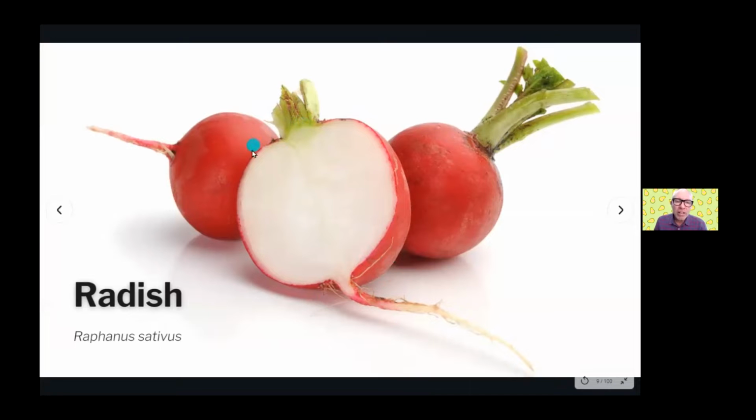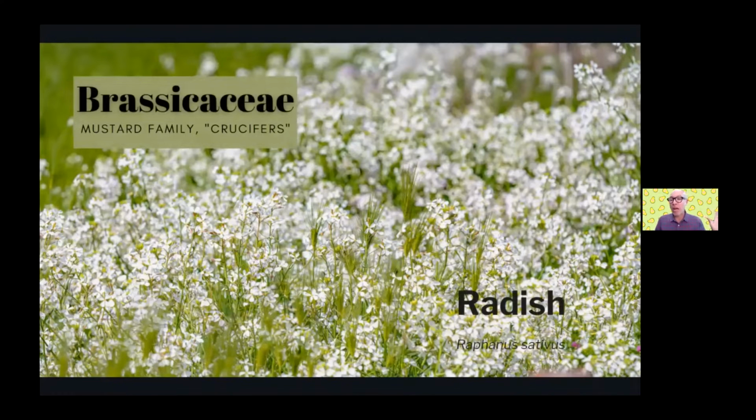What you see here is the storage area of the root. And what you see here, this little green crescent shape with a few miniature little leaves, that's the stem that's going to elongate in the second year and bolt up and grow and flower to produce the seeds to produce next year's radish.